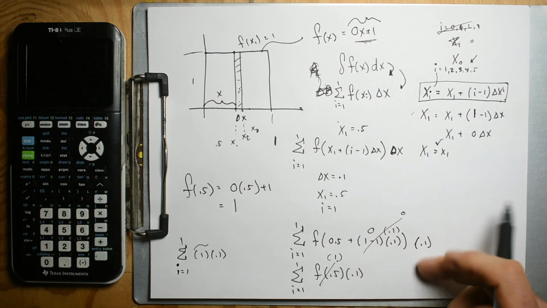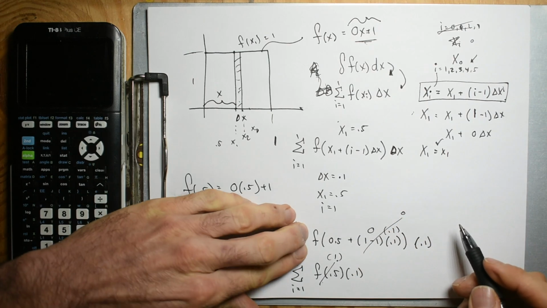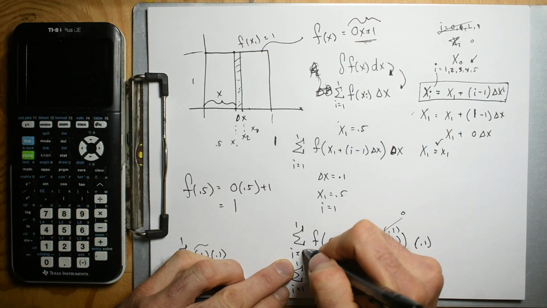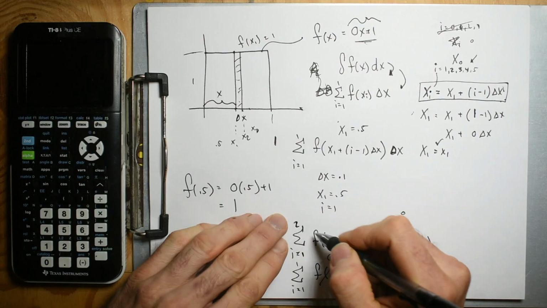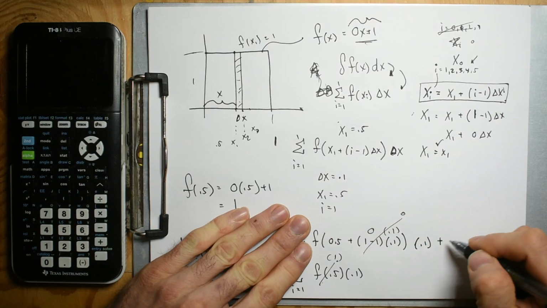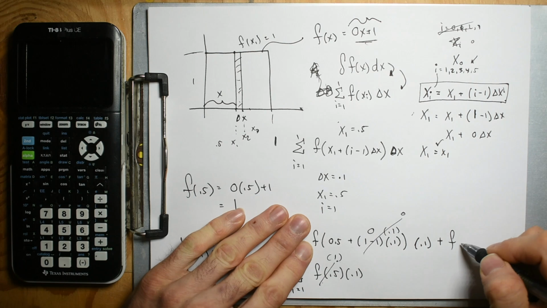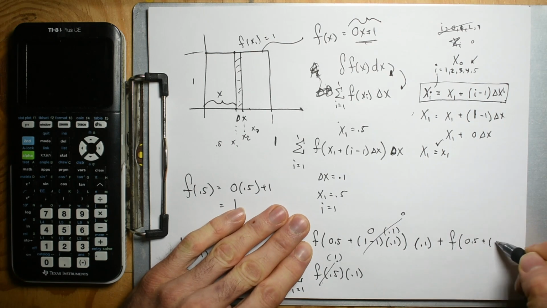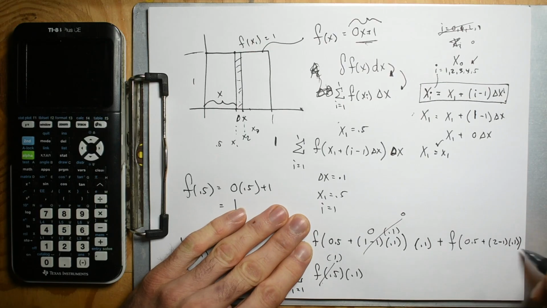Because if I had i equal to 1 to 2, I would get rid of the summation sign and then do f of the next one, which would be 0.5 plus 2 minus 1 times 0.1. You know what I mean?